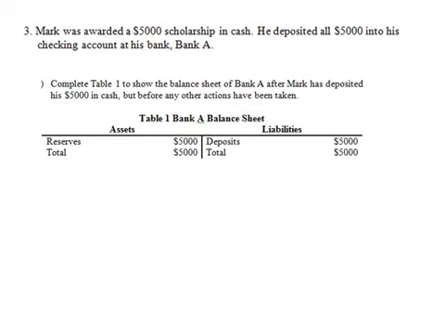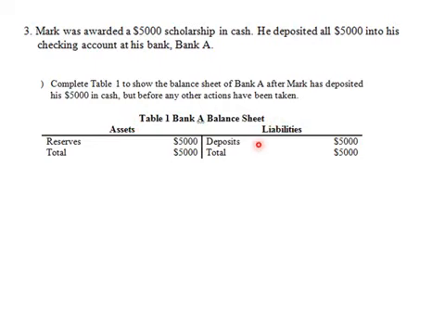Question 3, Mark was awarded a $5,000 scholarship in cash. So he deposited all $5,000 into his bank account in Bank A. Now, let's take a look at Bank A's balance sheet. You have taken BA, remember all your balance sheet theory. Assets are recorded on the left, liabilities are on the right.